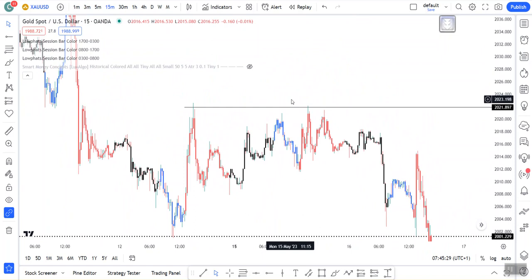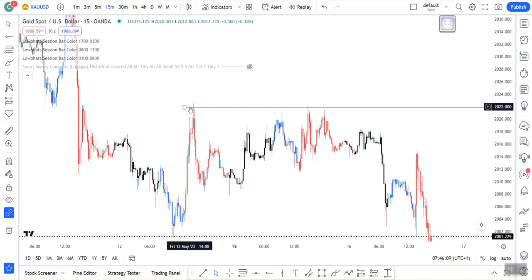The way I set up this chart, black is for the Asian session, red is for the US session, and blue is for the London session. These banks in these different sessions always know where the previous price they moved the market from, and in most cases they repeat the same thing at those areas.